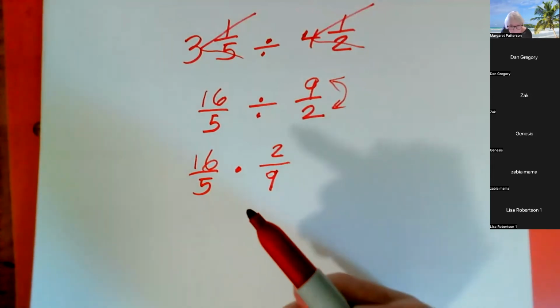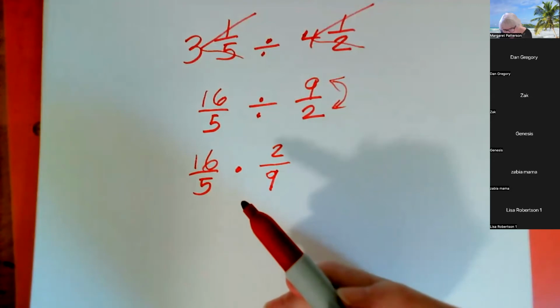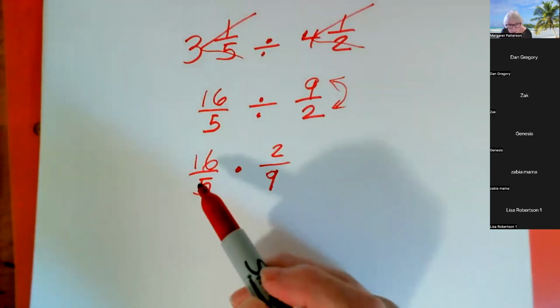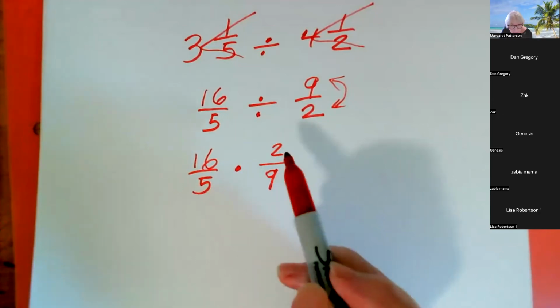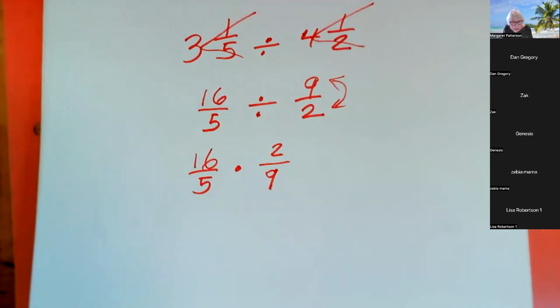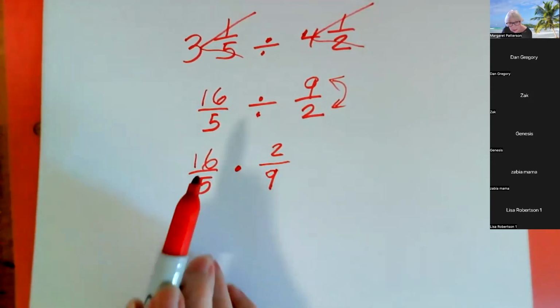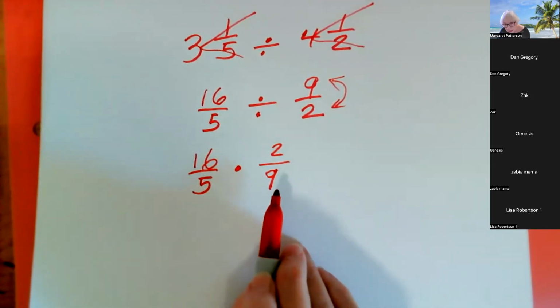So I'm looking to see if I can find anything that reduces. The 2 and the 5 do not have a common factor. Well, for starters, the 2 is prime and 5 is prime, and so there's no way they have something common. But the 16 and the 9, I'm trying to think. 9 is made up of 3 times 3.